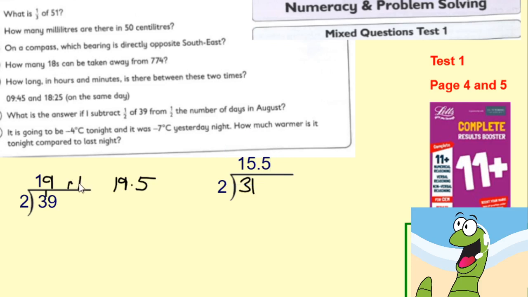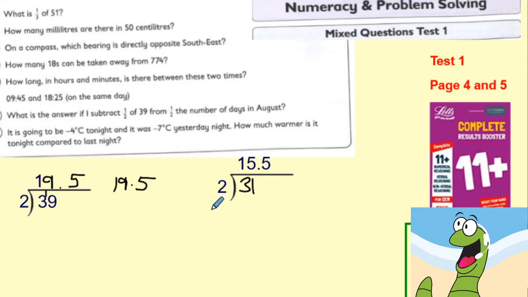So that should have read 0.5. Let's have a quick look. Let's get rid of some of that. And that should have read 19.5 because it is half a day, because half of 1 is 0.5.